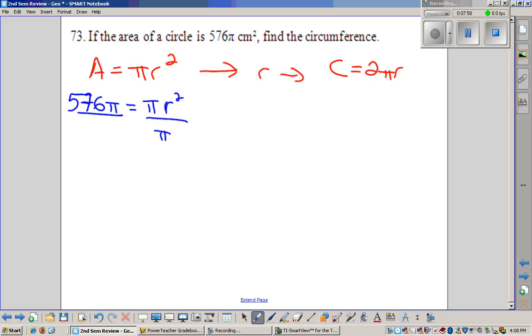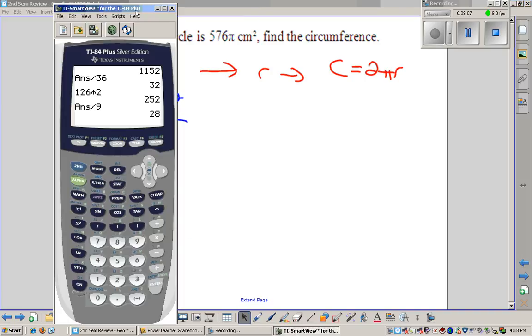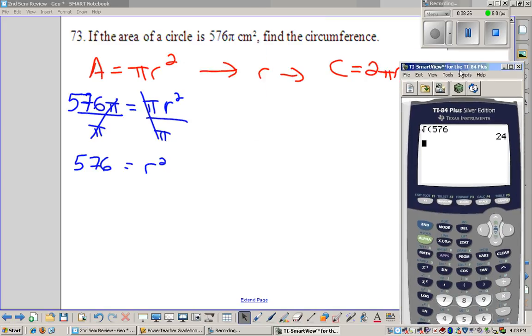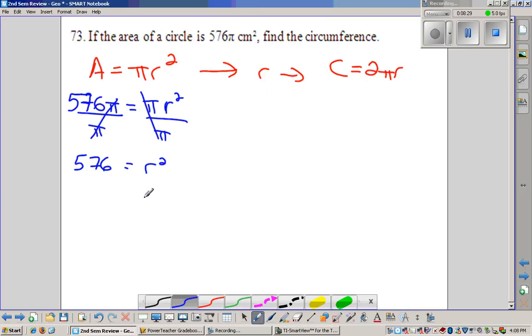Divide both sides by pi, and you get r squared equals 576. Now we have to undo the r squared by doing the opposite, which is square root. Square root of 576 is 24. So the radius ends up being 24.